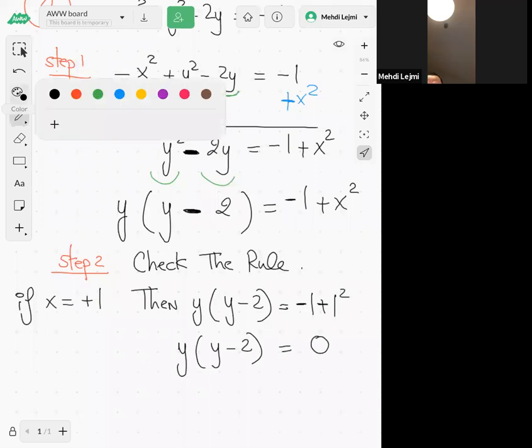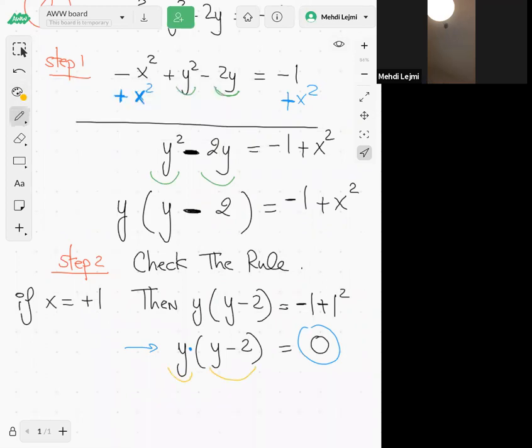As you can see here, I got 0 on the right side. So now, what will be my output y if my x is positive 1? Here I have y times y minus 2 equal to 0.